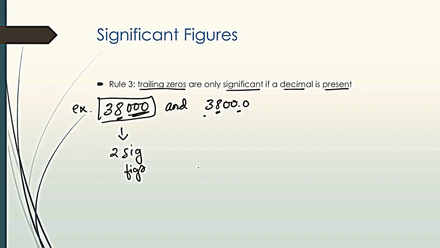But in my second example, I've got a decimal point, and what that tells me is that this is an accurate measurement. And in this case, I will have to record this number as having 5 significant figures.